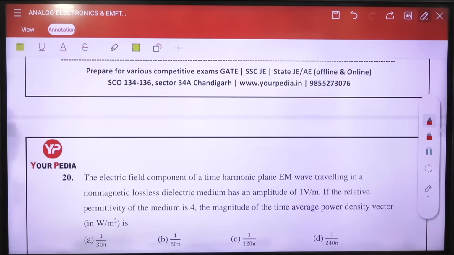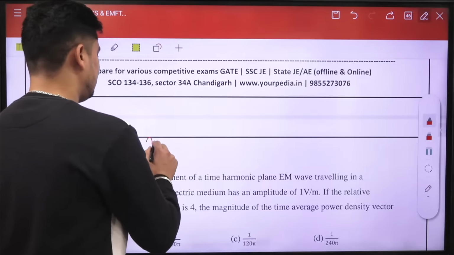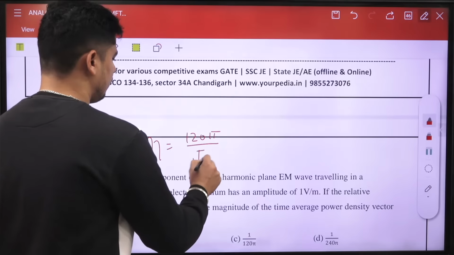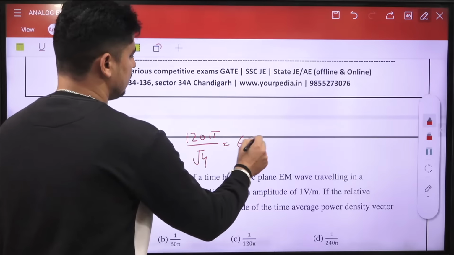The electric field component of a time harmonic EM wave traveling in a non-homogeneous, non-magnetic lossless dielectric medium has an amplitude of 1 volt. If the relative permittivity of the medium is 4, what is the magnitude of the time varying power density vector? First we have to calculate the eta of that medium, that will be 120 pi divided by under root of 4, which is going to be 60 pi.